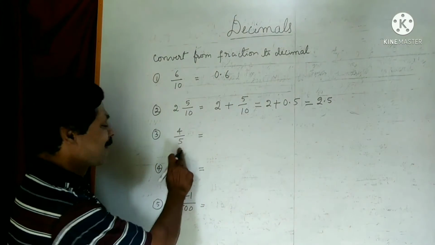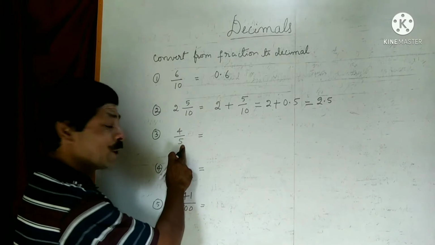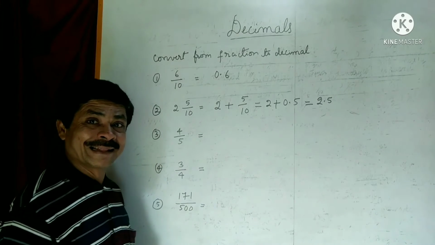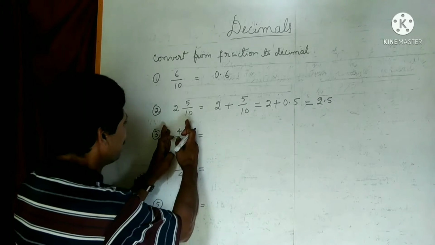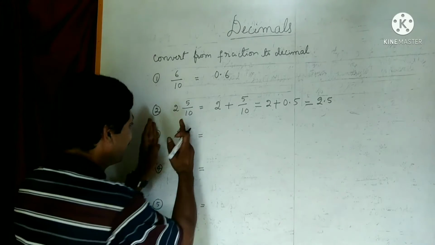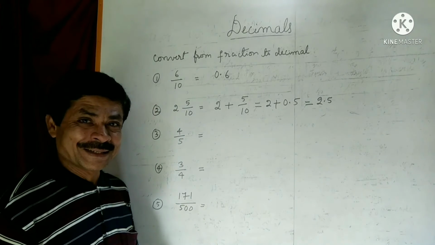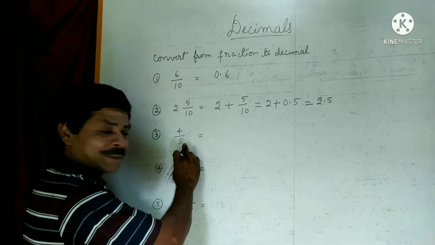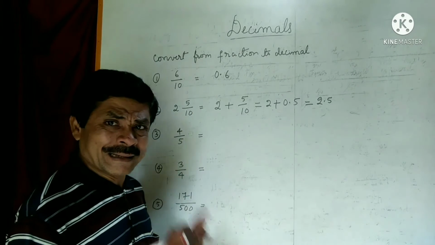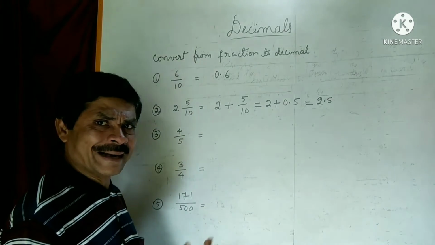Now 4/5. Here the denominator is other than 10, 100 or 1000, so you have to find the equivalent fraction whose denominator is 10 or 100.